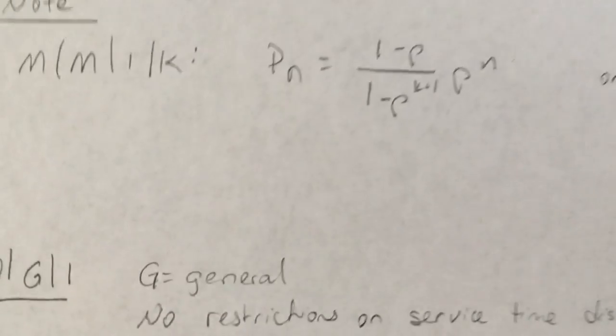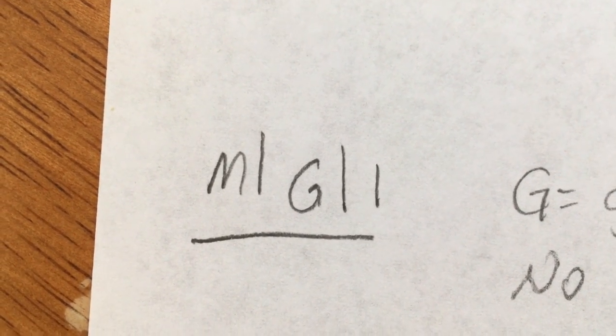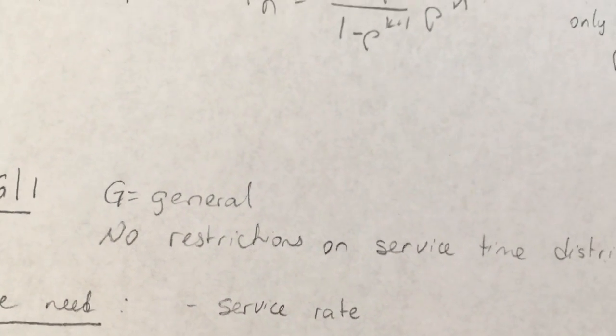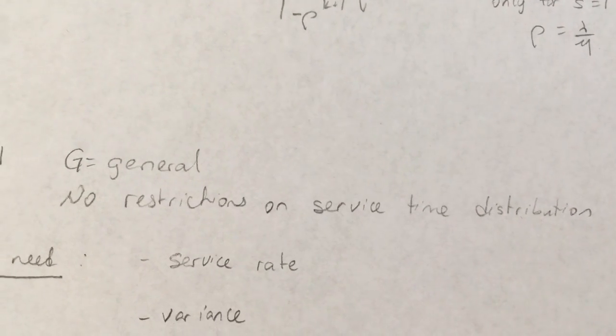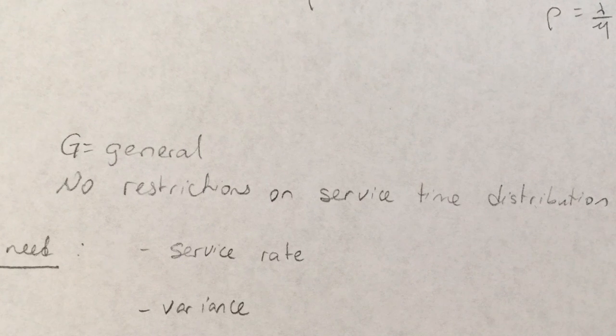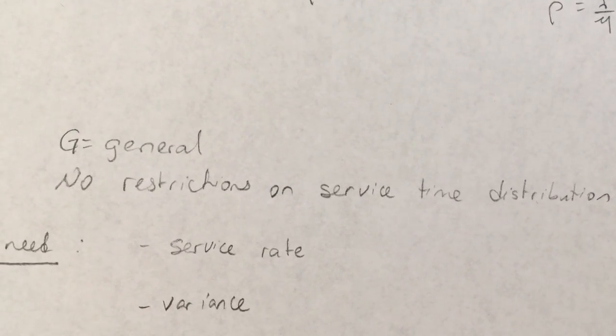Okay. Let's get on to today. M/G/1. This is a system with general service time. What does that mean? Well, there are no restrictions on the service time distribution. So it can be normally distributed, it can be uniformly distributed, but it's something where the service time distribution is not necessarily Markovian.